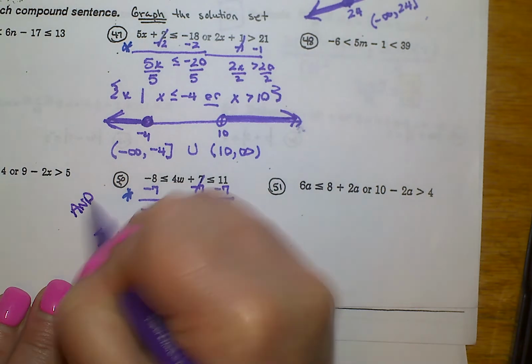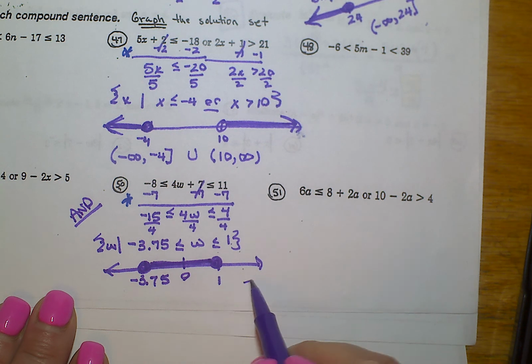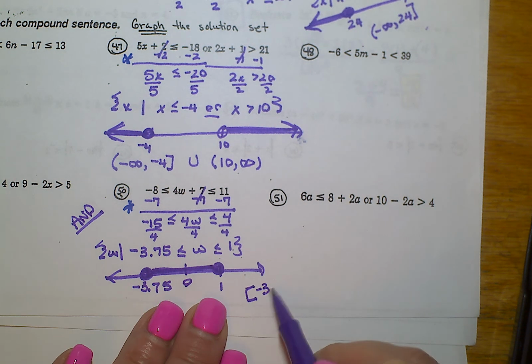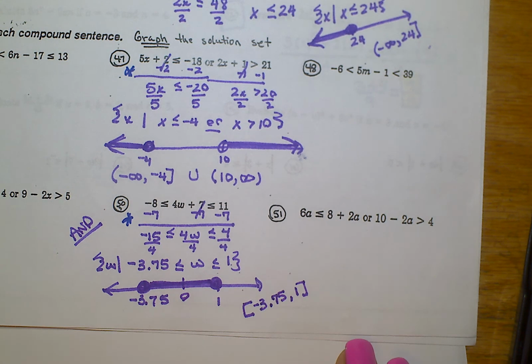An and, we have the things in common with both of those. If I was to pick the number 0 that's in the middle, negative 3.75 is less than 0, and 0 is less than 1. So anything in between that would work. Now, it's not going to infinity, so we're just going to bracket both of those because the circles are closed.